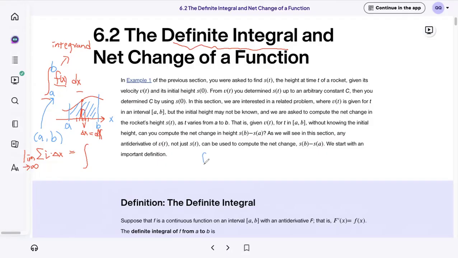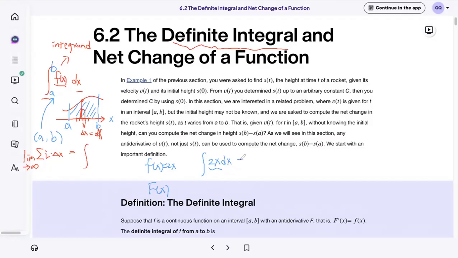Let's see one example we know. We have 2x dx. So in this case, f of x is equal to 2x, and we want to anti-differentiate this, or maybe evaluate.